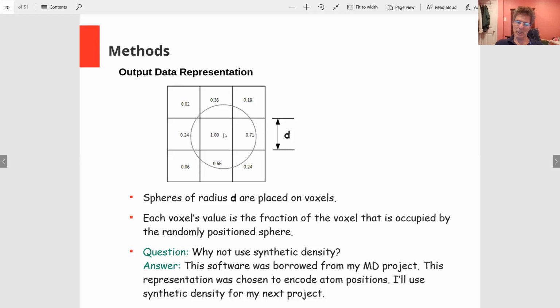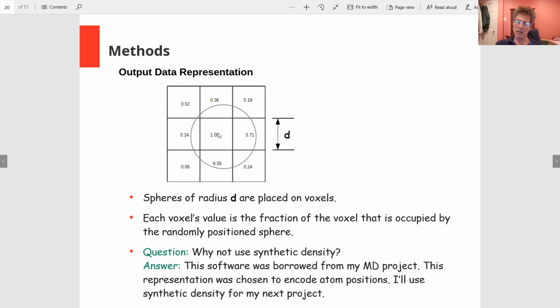And so this is the way that I was doing that. In this case, I'm choosing random atom positions. So this is the way it would work. Choose a random atom position and then create a sphere around that random atom position, a sphere whose radius is 1 pixel length.